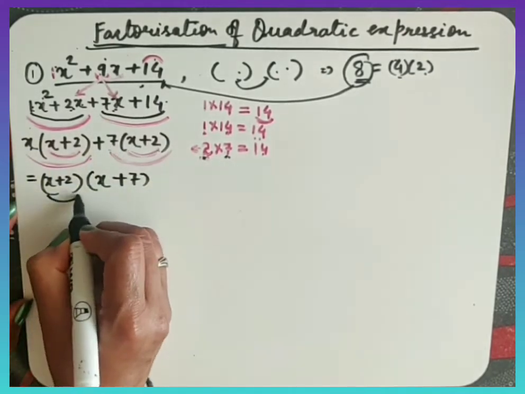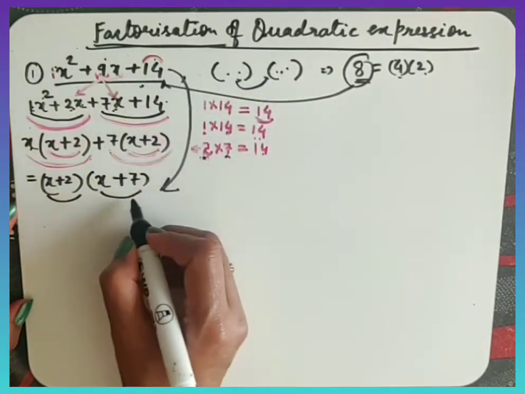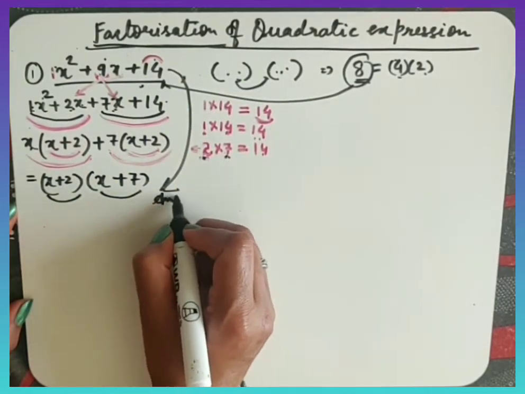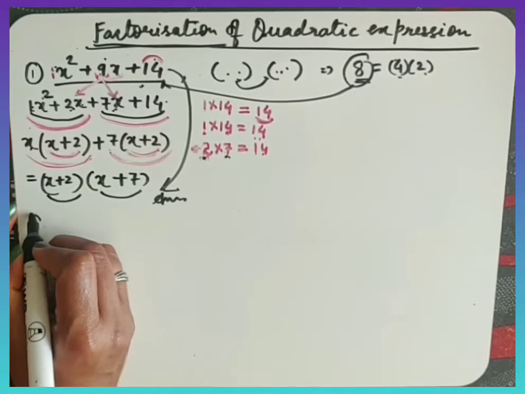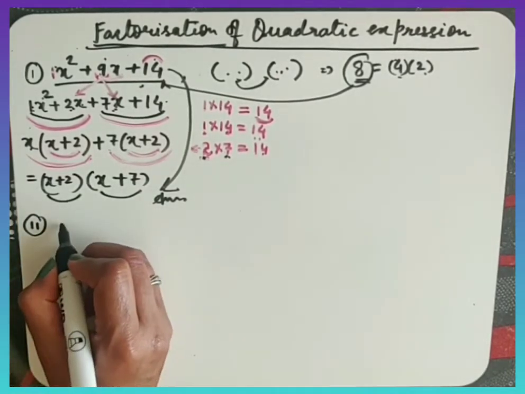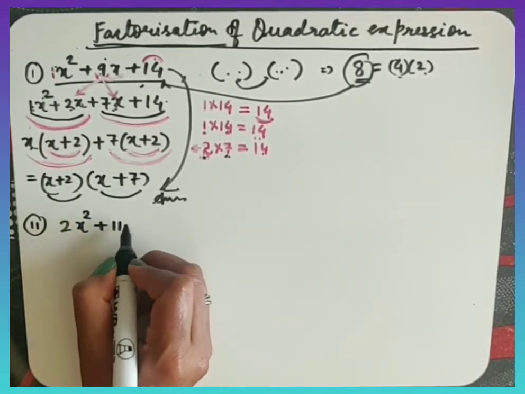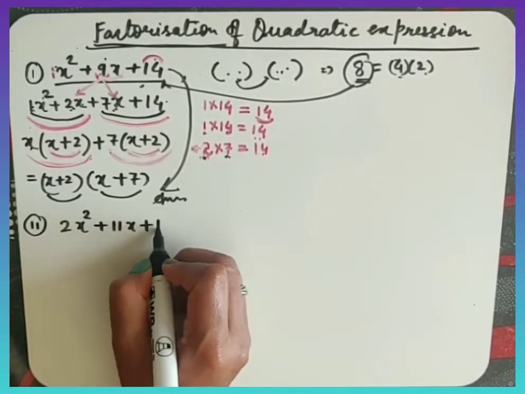So these are the two factors. This is called factorization. This is the answer. Let's take another question here. Now I am going to take 2x square plus 11x plus 14.